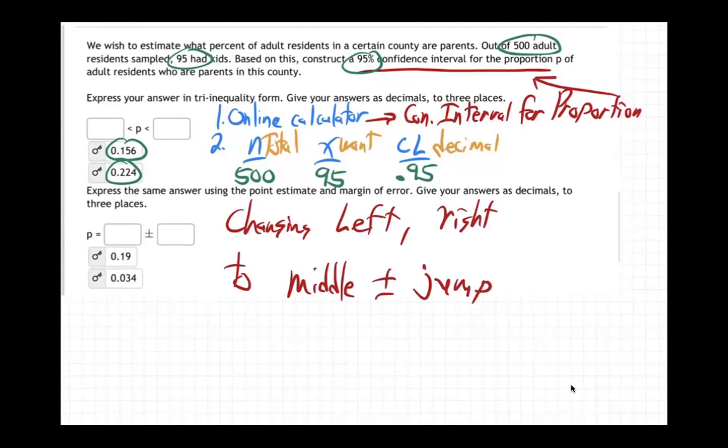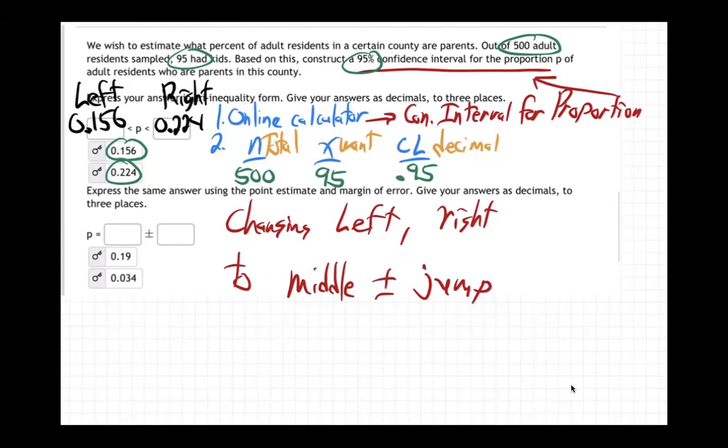That's what we're doing. Why so? Well, because this is the left, the 0.156. That's the number on the left. And the 0.224, that's the number on the right.